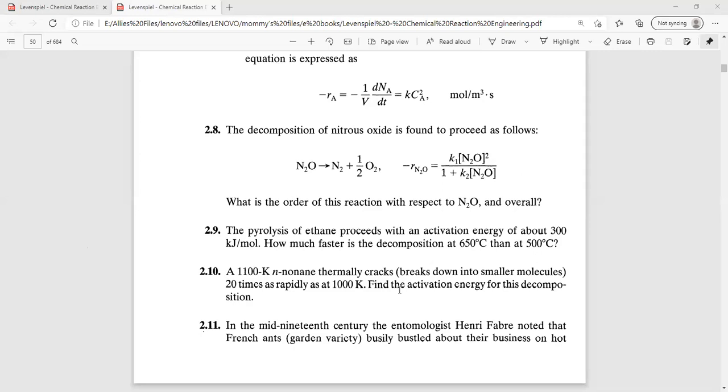Okay, so 2.9. The activation energy is already given.